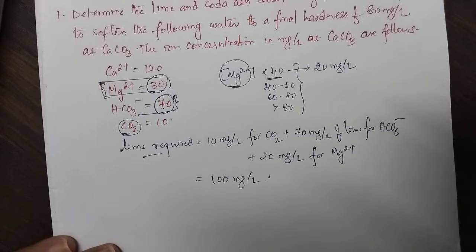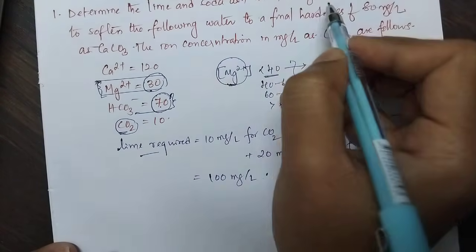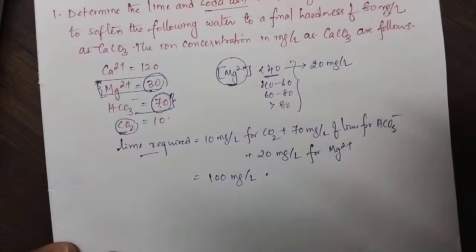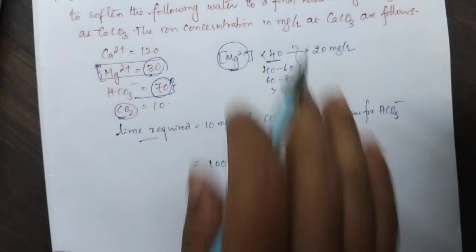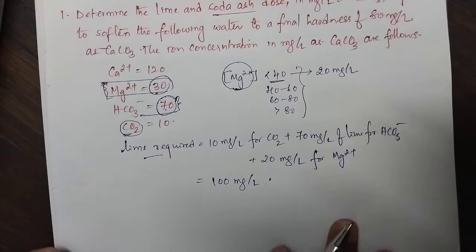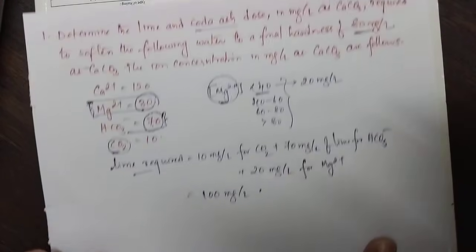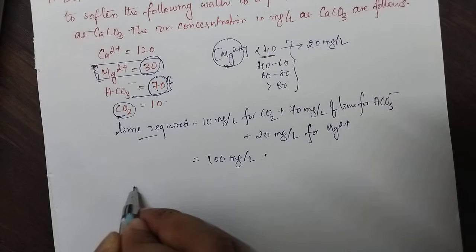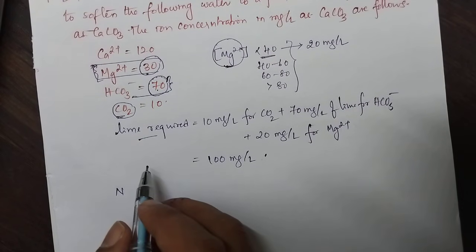Next, we need the amount of soda ash required. The amount of soda ash required depends upon the final hardness, which is 80 milligram per liter. So first we have to find the initial non-carbonate hardness.